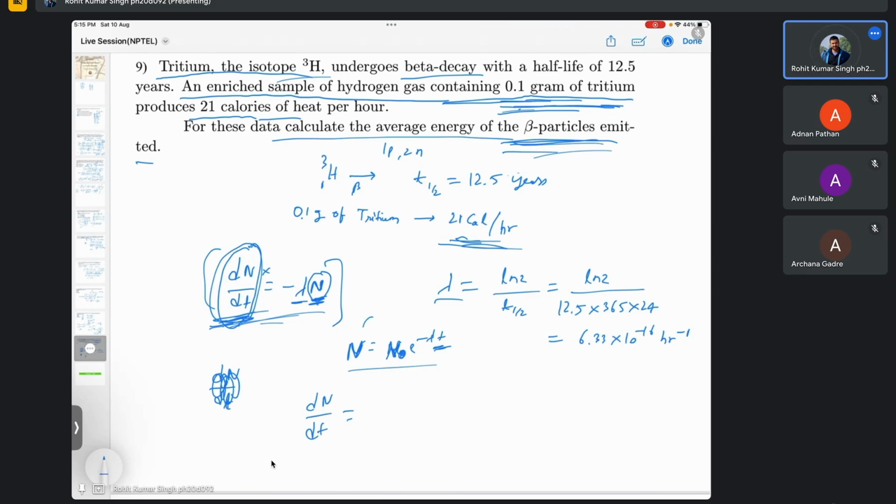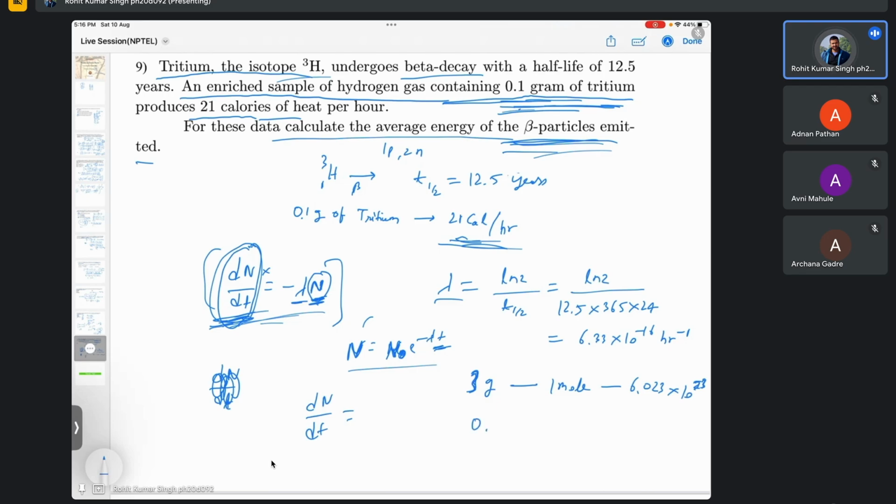The atomic weight of tritium is 3 gram, so 3 gram will have 1 mole, and 1 mole of tritium will contain 6.023 into 10 to the power 23 atoms.